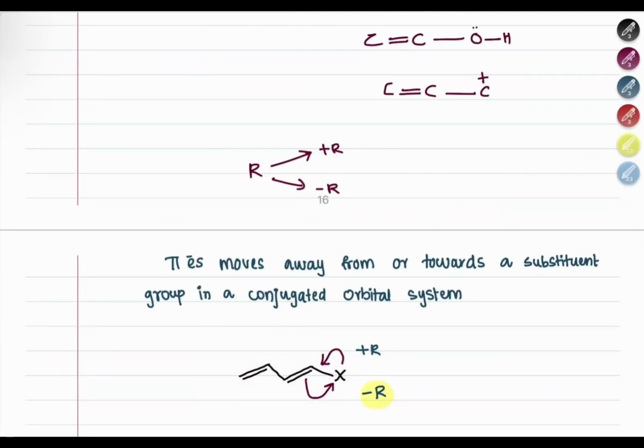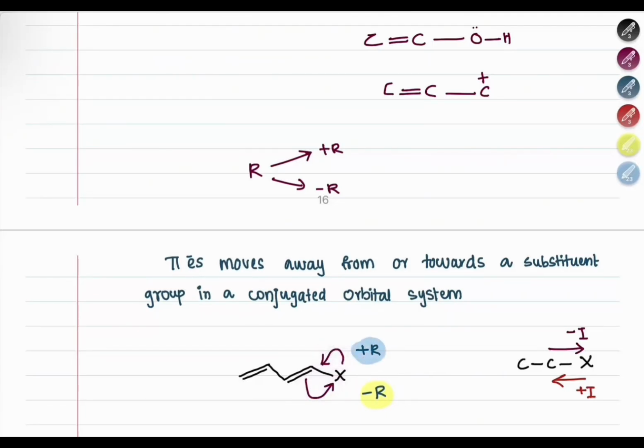In the inductive effect, suppose a carbon chain is there and a substituent is attached to the carbon chain. If the electrons are moving away from the carbon chain, we call it the minus I effect. If the electrons are moving towards the carbon chain, we call it the plus I effect. Here also it is the same thing. If the electrons are moving away from the carbon chain, we call it the minus R effect. If the electrons are moving towards the carbon chain, we call it the plus R effect.